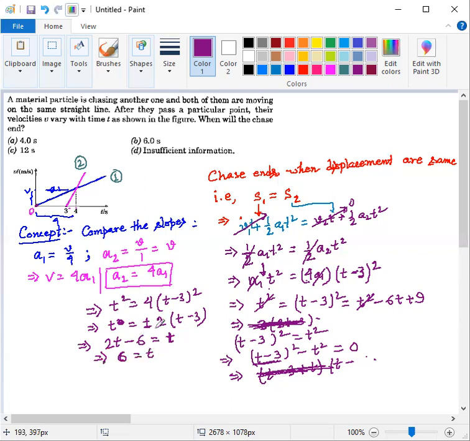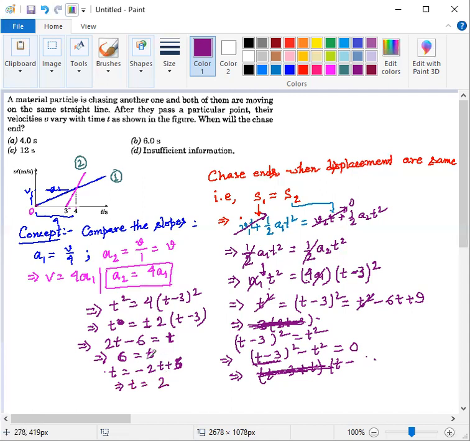And if we take the negative sign, then we find minus 2t plus 3. So in this case t is becoming 2, and in the other case it is 6.